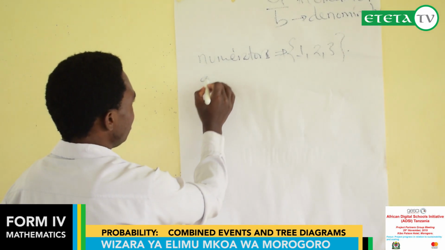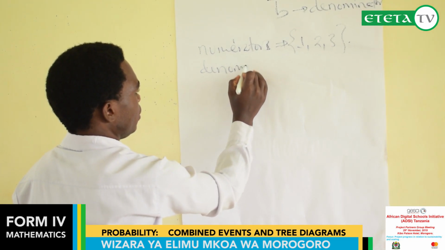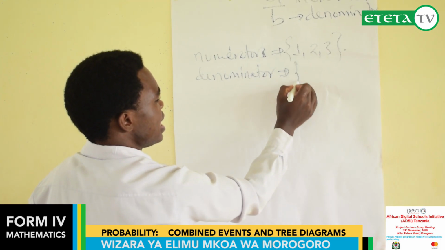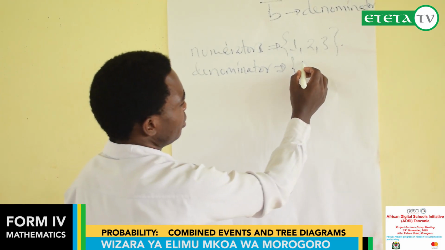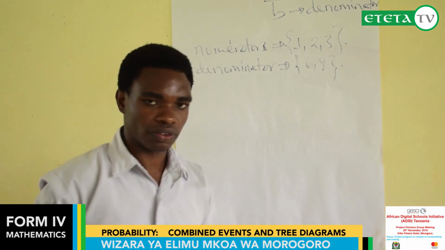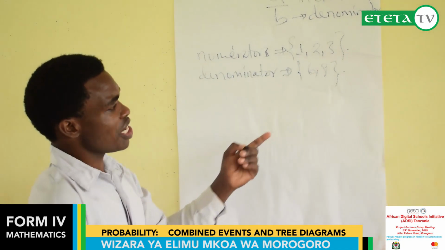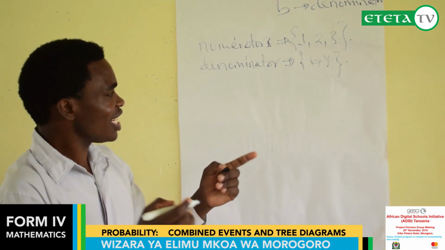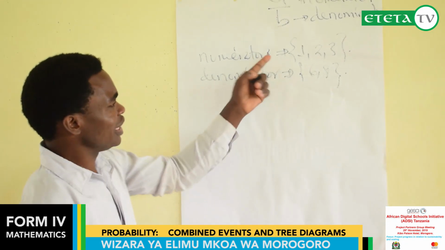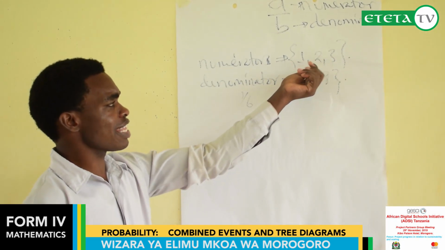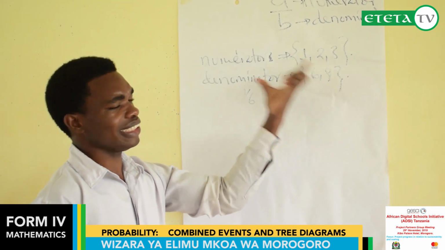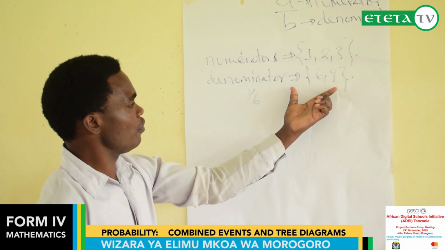And for the denominator, we have to use the numbers which are 6 and 8. If you want to write the fractions, the first one can be 1/6. We take 1 digit from these 3 digits, and we use 1 digit from the second set of numbers.